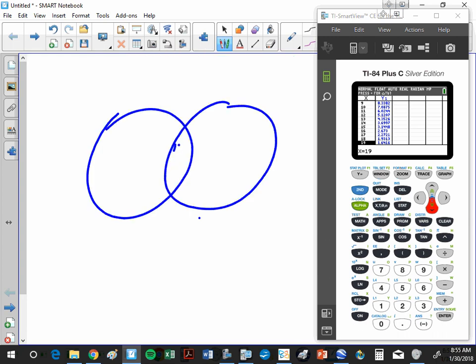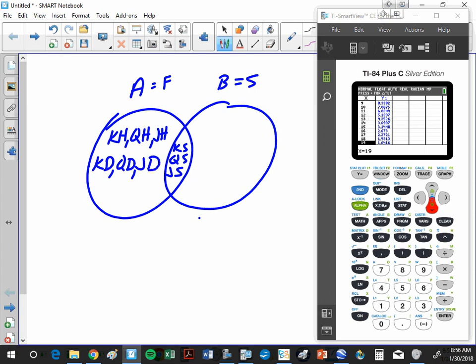So we said king of spades, queen of spades, and jack of spades. So A is face, and B is spades. So we have the king of hearts, the queen of hearts, and the jack of hearts. What else is in A? The king of diamonds, the queen of diamonds, and the jack of diamonds. Anything else?